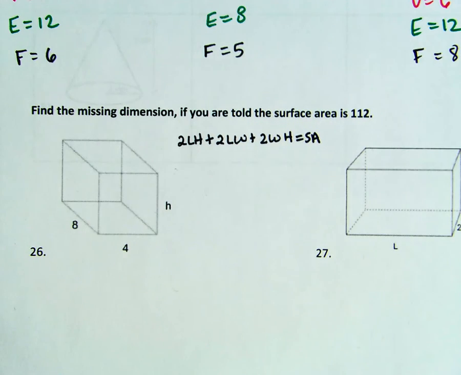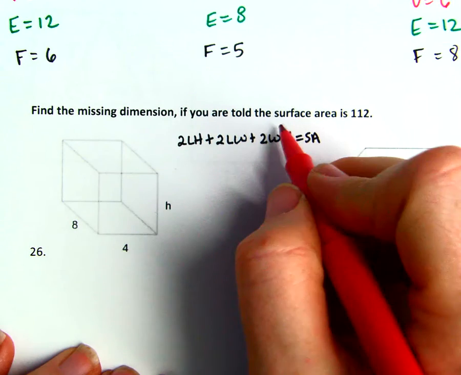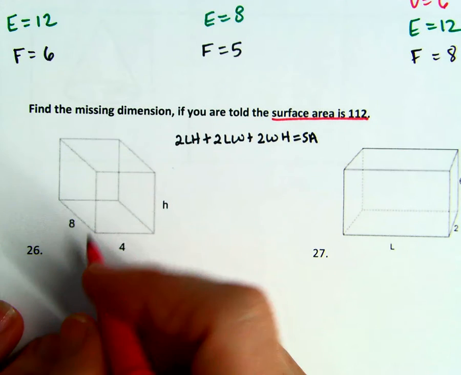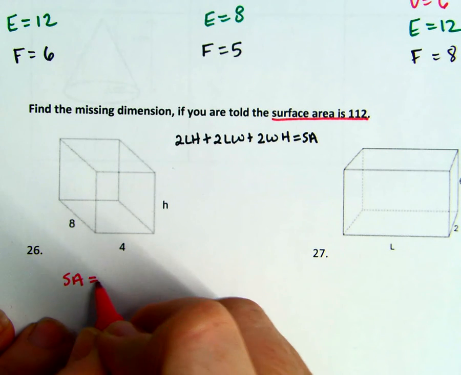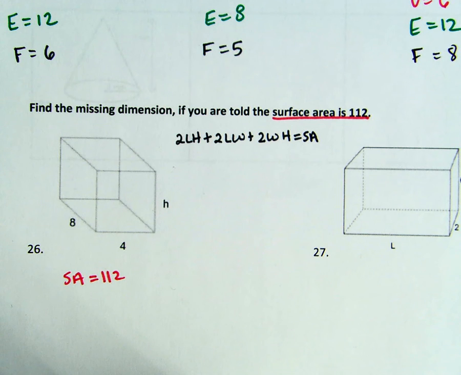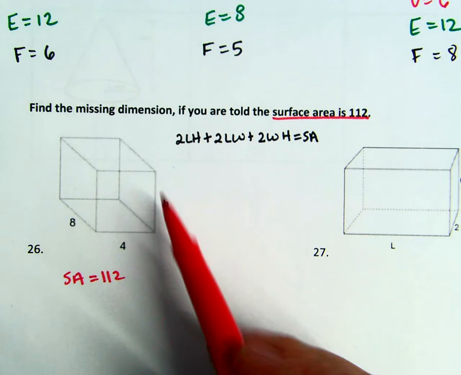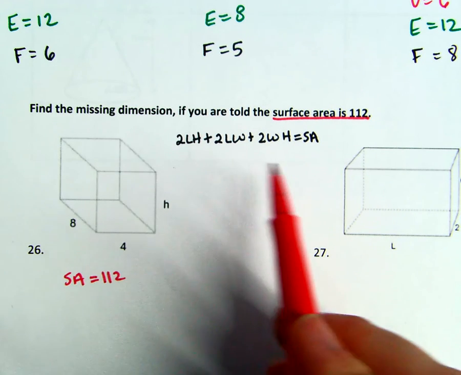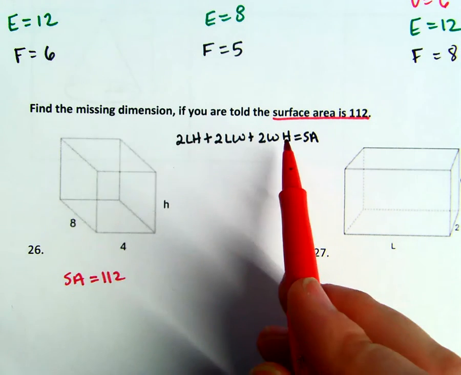Then you want to think about the givens in this problem. What do I know because they gave it to me? The first thing you should notice is that the prompt of the question tells you what surface area is. Surface area is 112. And then they gave you 2 other dimensions and not h. So when I start plugging into this equation, my h's will stay put.